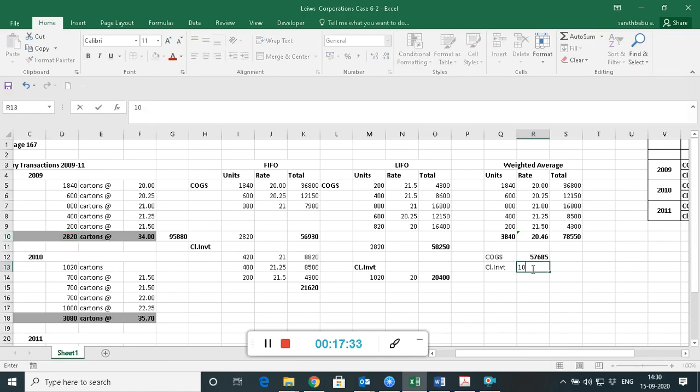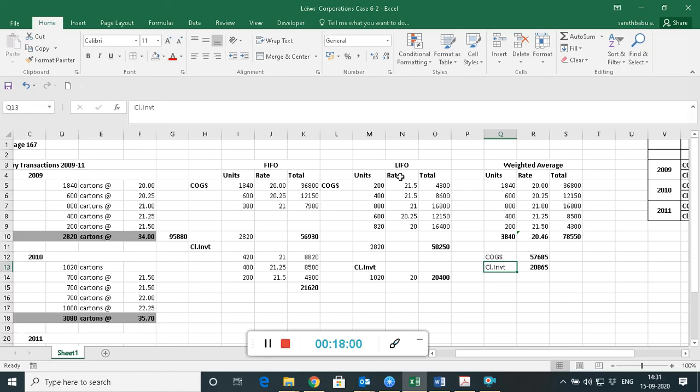These 1,020 units. And these 1,020 units should be valued at what price? The weighted average price, right? That is 20.46. That's the closing stock. So look at that, that's pretty simple. For all three methods, I have COGS as well as the closing inventory.